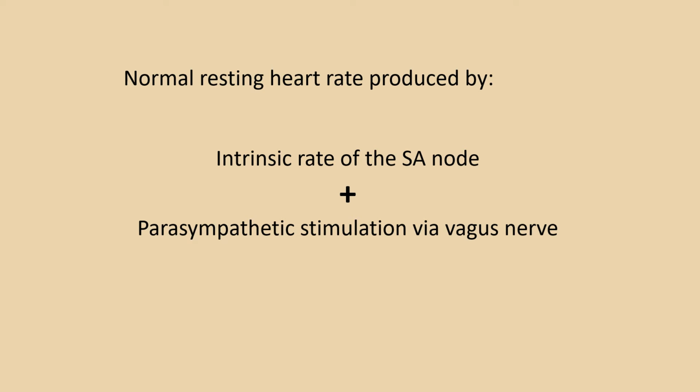It's this constant influence delivered by the vagus nerve in the form of acetylcholine. So the SA node is always going to fire, but acetylcholine will slow it down. So your normal resting heart rate is produced by the intrinsic rate of the SA node, 100 beats per minute roughly, slowed down under the influence of acetylcholine delivered by the vagus nerve.